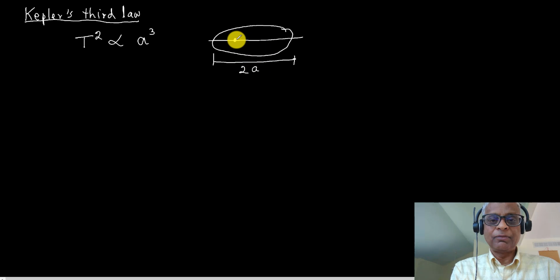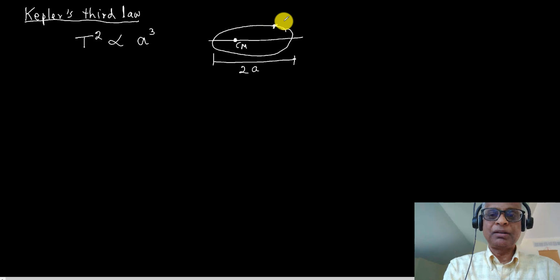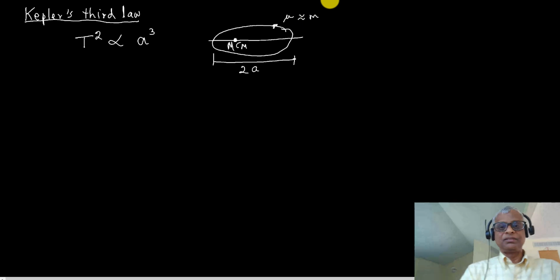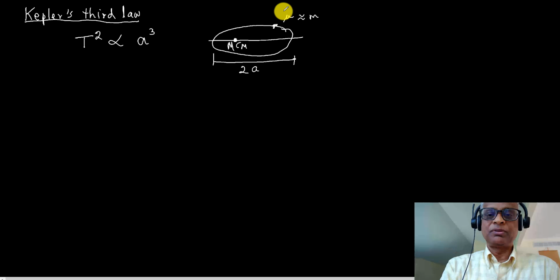This is the CM of the planet-sun system, and the planet is replaced by a particle mu, and the mass of the sun is capital M, and mu is almost the mass of the planet, and we follow the motion of mu.